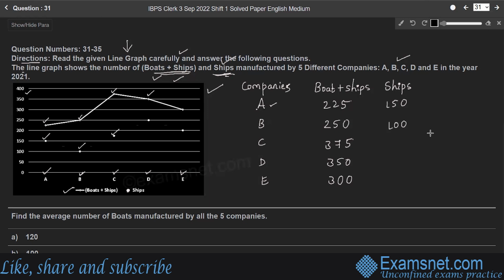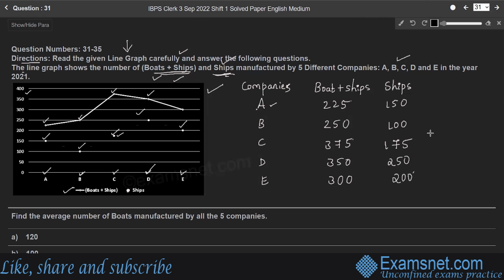C manufactures 175, as this dot is exactly between 150 and 200. Company D manufactures 250 ships, whereas company E manufactures 200 ships.